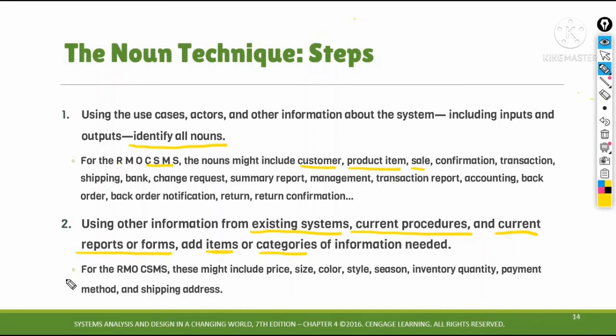For our example, this might include price, size, color, style, season, etc. What's important here is that you need to take a look at the existing system and their procedures and reports, and then you can identify and add items for the information needed for the new system.